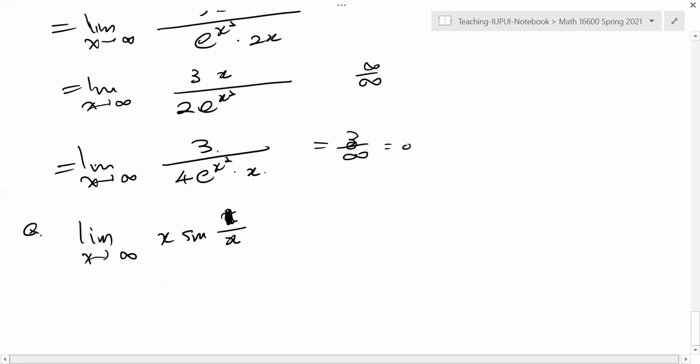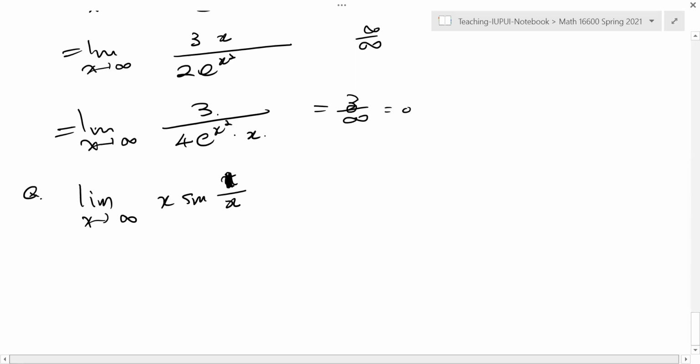It's a product of two functions, and x approaches infinity. How to do that? It's not easy to see because this is actually infinity times 0 type. An infinity times 0 type can be changed to 0 over 0 type, because you can move infinity to the denominator.